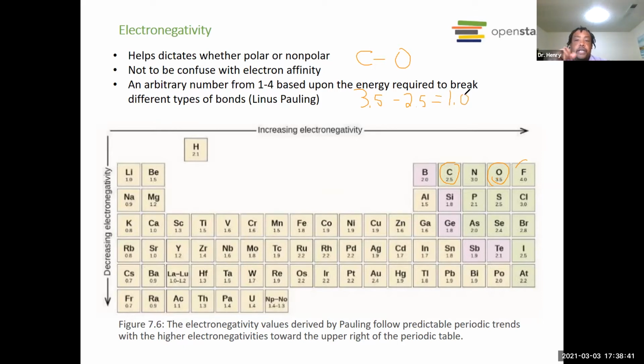So there's a scale that lets us know if it's polar or non-polar. If the difference is less than or equal to 0.4, then it is considered to be non-polar.